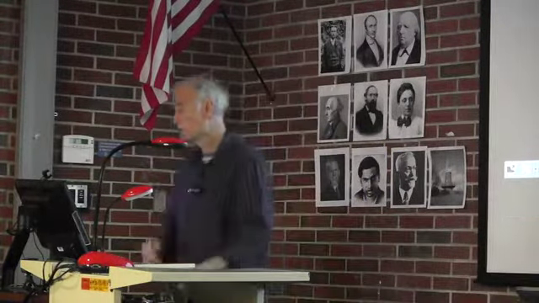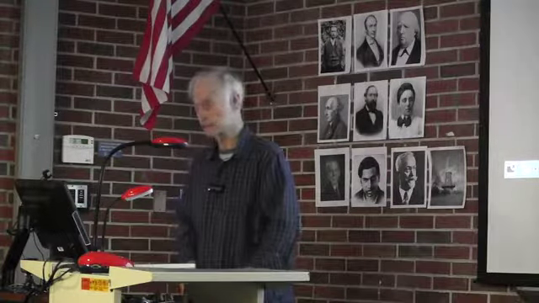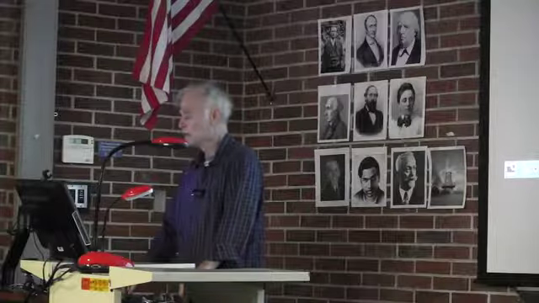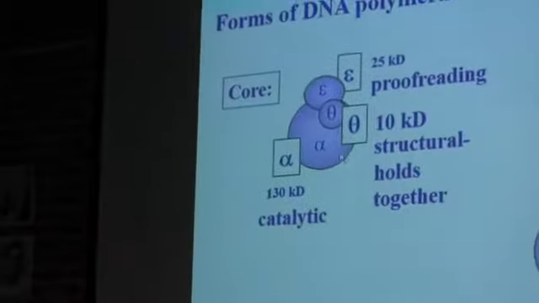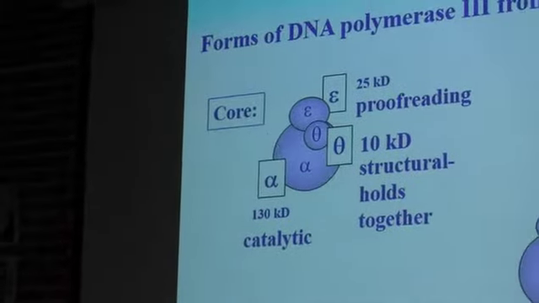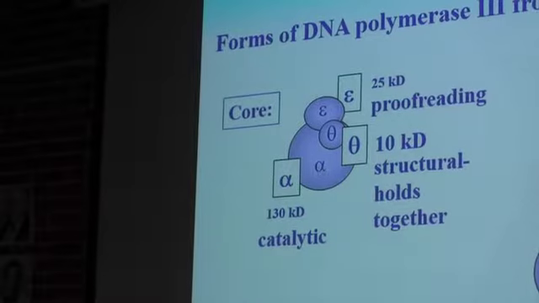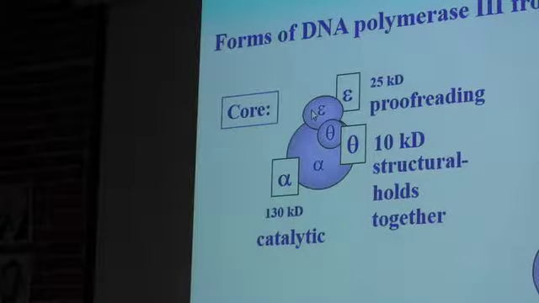And then you cut it with a protease at that sensitive site, you have the Klenow fragment and the small fragment. So here you see this group right here called the core. Alpha is the main event here. This is the catalytic subunit. Epsilon, of course, is proofreading. See, it's much smaller. And then you have a structural one, theta.